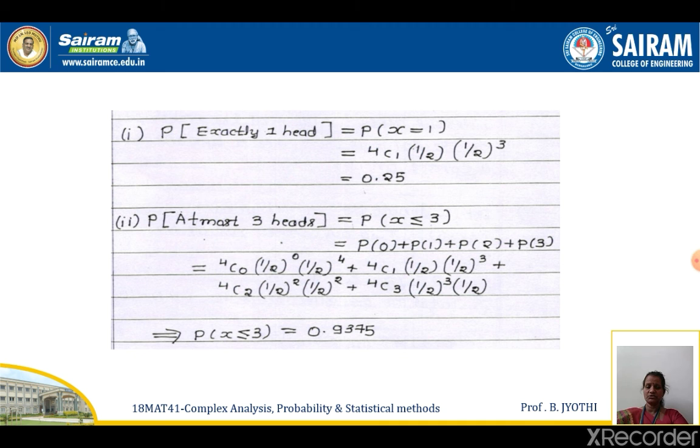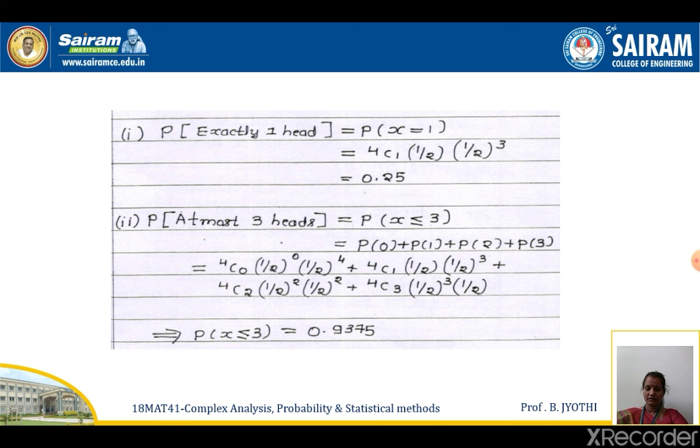On substitution of x = 1, we get 4C1 (1/2)^1 (1/2)^(4-1), that is 3. On simplification, we get 0.25. This is the probability of getting exactly one head.